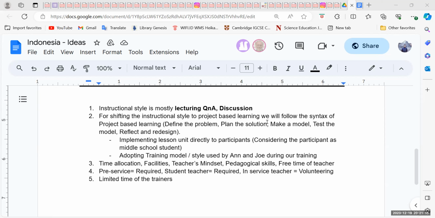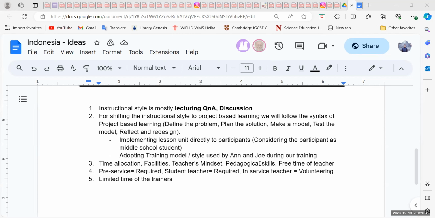Then there are also challenges with the pedagogical skills of the teachers and free time of teachers. Free time of teachers means that if we want to have training every day, like us, every night we have a training, it seems quite impossible for teachers to do that.